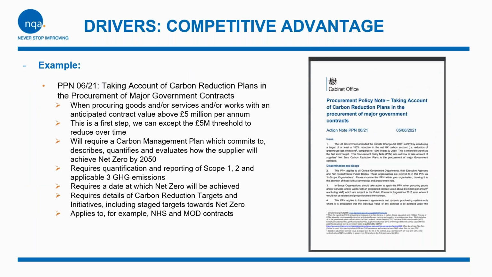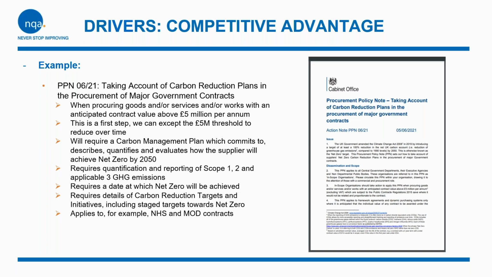So if we think about the first example, which is PPN 0621, this is a UK government procurement policy note around carbon reduction plans when they procure major government contracts. So at the minute, any UK government contract valued over £5 million requires the supplier to provide a carbon management plan.